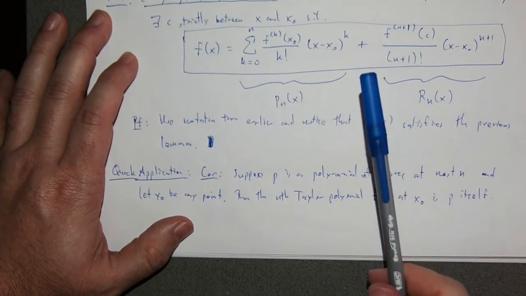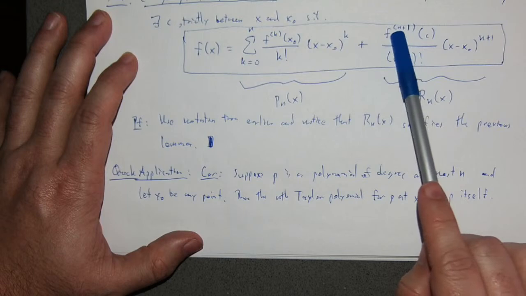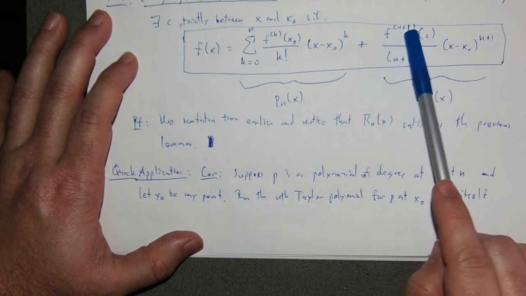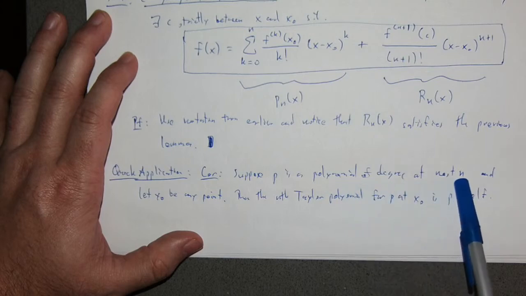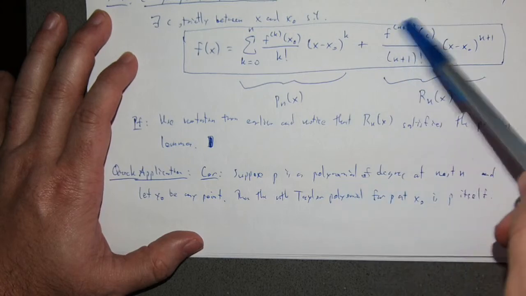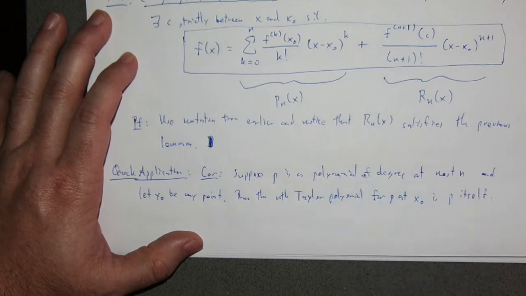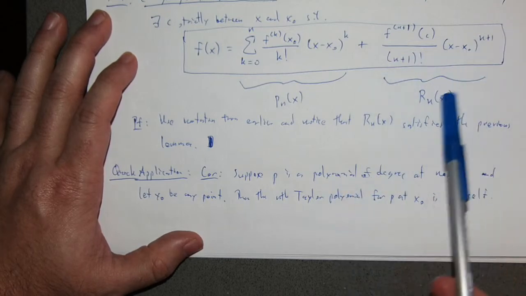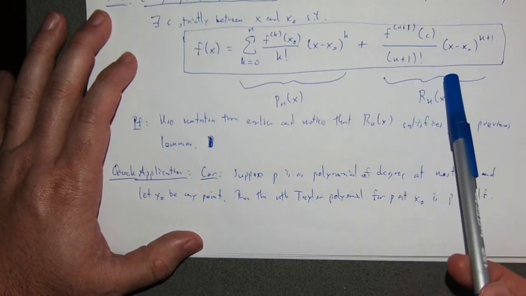But what's the deal with this remainder term? Well, this remainder term involves an n plus first derivative. But this is a polynomial of degree at most n. And what's the n plus first derivative of a polynomial of degree at most n? 0. So this remainder term, I don't have to worry about it limiting to 0. It's just flat out equal to 0, right?